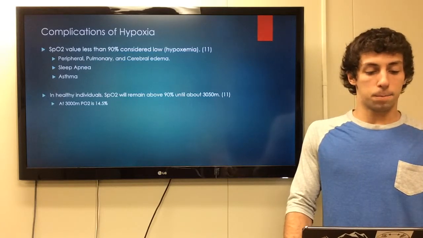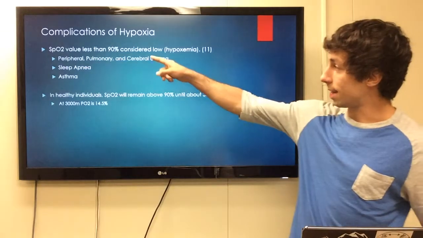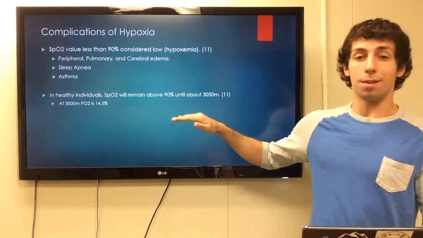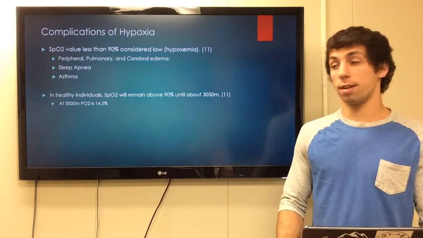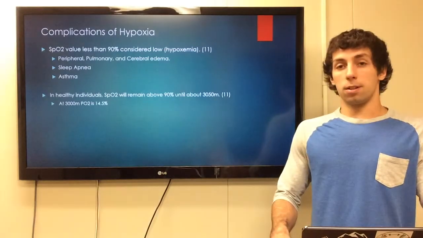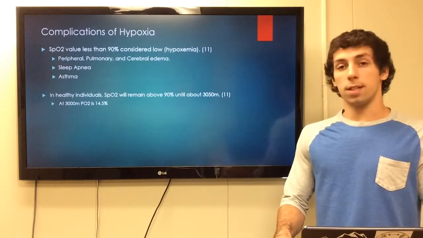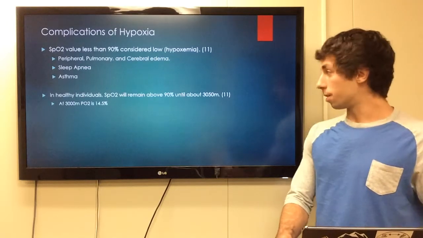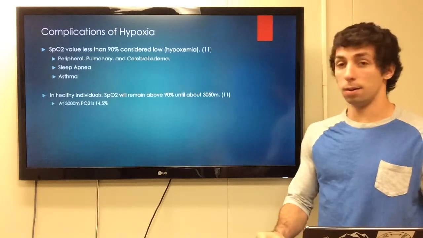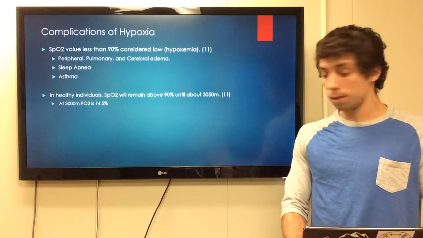And just to remember, with that 90% below which is hypoxemia, healthy individuals should remain above 90 until about 3,050 meters, above which the partial pressure of oxygen is 14.5% and decreasing. So humans are pretty resilient to altitude until about 3 kilometers.